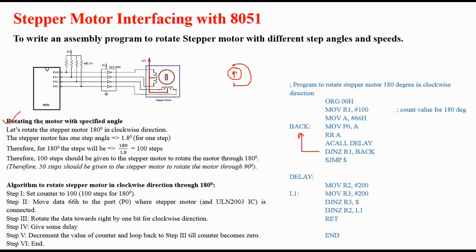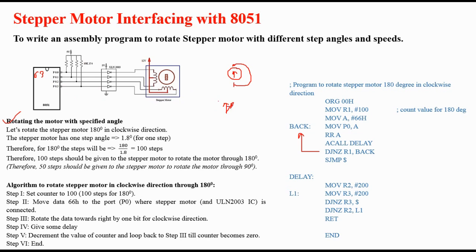So for that purpose, the stepper motor has one step angle which is equal to 1.8 degrees. Okay, one step angle, it means that, let us suppose you give first code, and after you give the second code, that is 3, then the motor shaft will get rotated towards right.